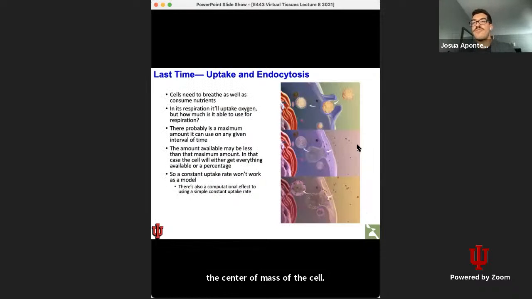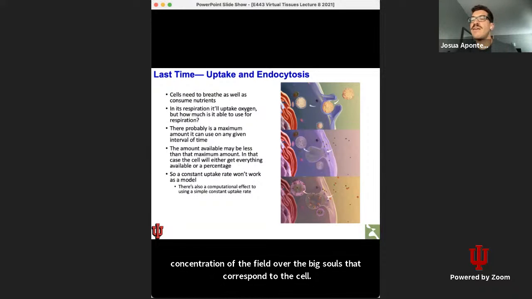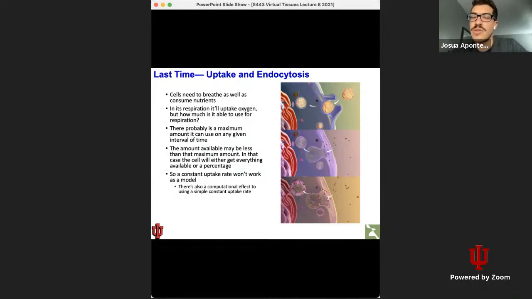We also finished the class by talking about the opposite, uptake. And we mentioned that if secretion has the net effect of increasing the concentration of the field over the pixels that correspond to the cell, uptake has the opposite net effect. It decreases the concentration of the field over the pixels corresponding to the cell.